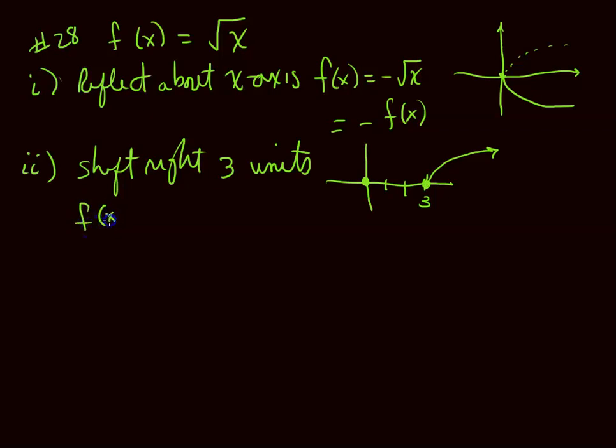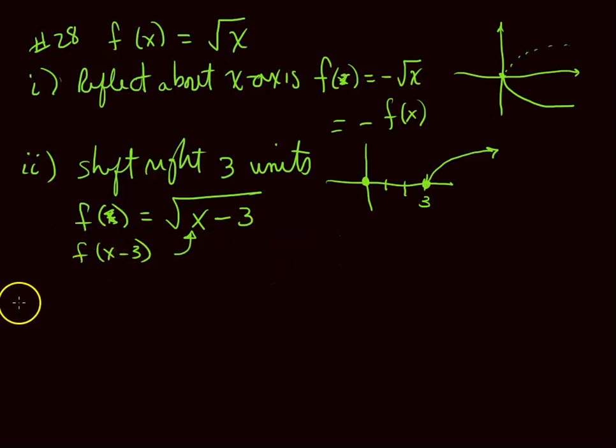So it's the square root of x, and inside the function we're going to subtract 3 to move to the right. Does that make sense? This is really f of x minus 3. This x is sort of lying, in a sense. The original function is f of x. This is f of x minus 3.